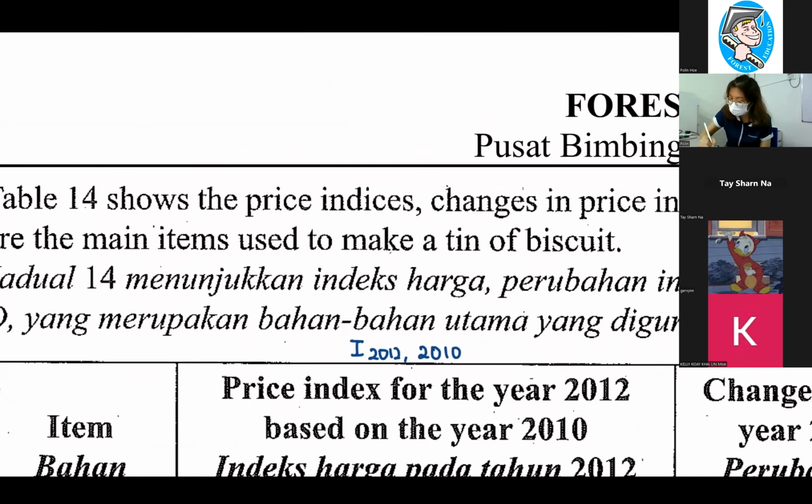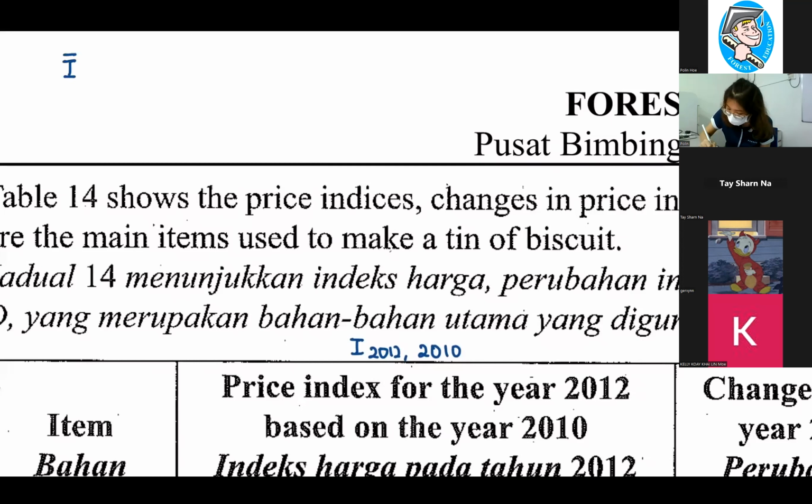Just my handwriting is too ugly. I bar equals the summation of IW. But what is my I? 我的 I 是什么? I is based on 2014 and 2010. Multiply by W over summation of W.